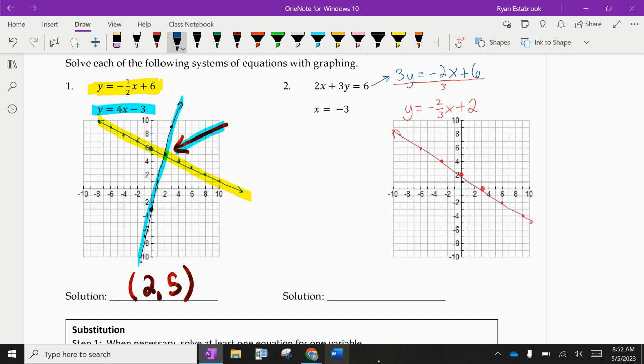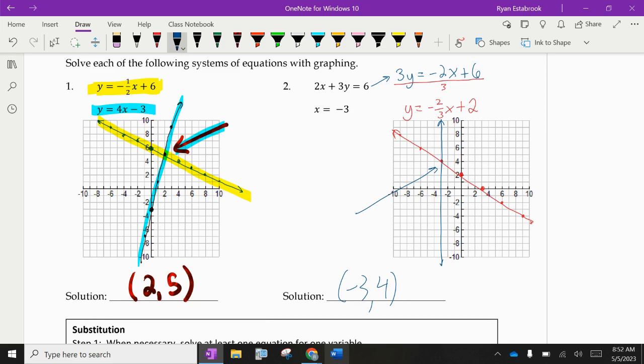The second one is a special case, x equals -3. We just went over one of these not too long ago. What kind of line is this? Vertical line. X equals -3 everywhere, so it's going to go straight up and down vertically. Do they intersect? Yes, they intersect at -3, 4.